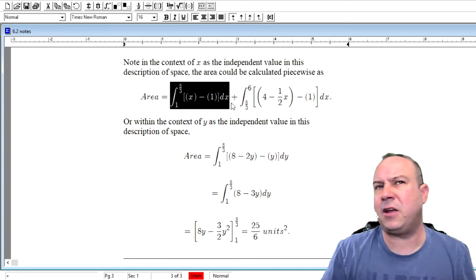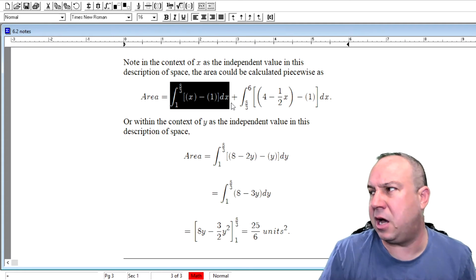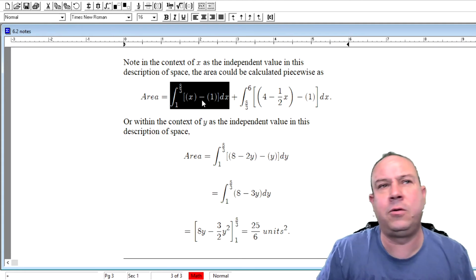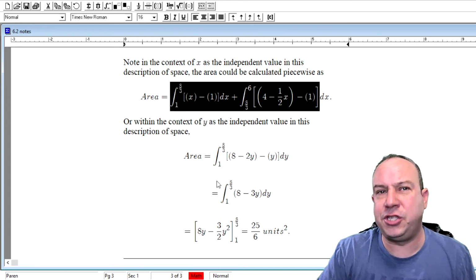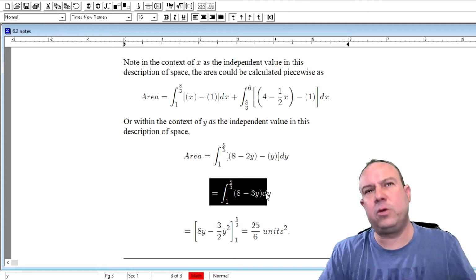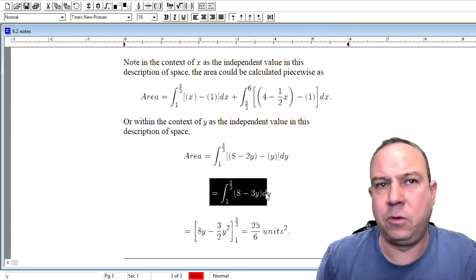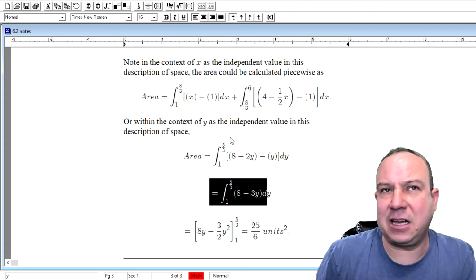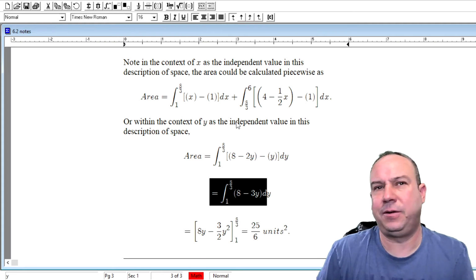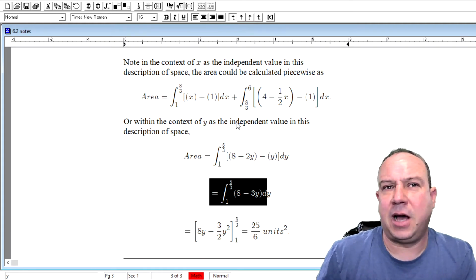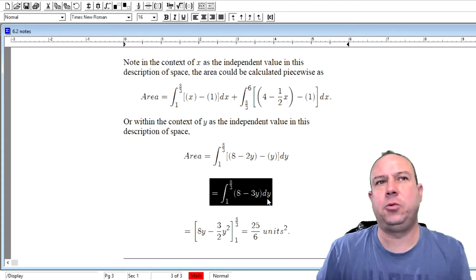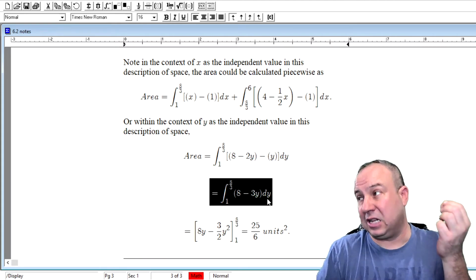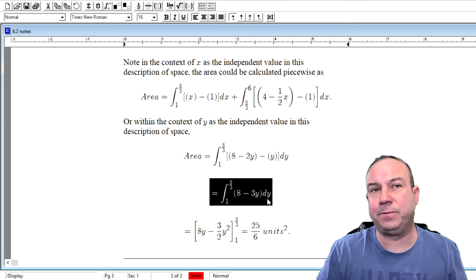If you could break it down to workload, making an integration 1 unit of workload, this would have 2 units of workload compared to just 1 unit. There would be twice as much workload in that classical calculation. You could get through this in half the workload compared to the classical interpretation.